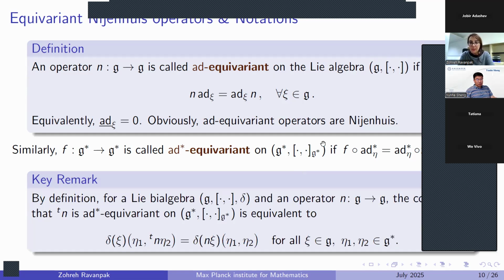So if this G star is the dual algebra of a Lie algebra, then there is an equivalent condition for N transpose to be ad star equivariant, which can be written in terms of the cocycle, N transpose and N. Does it make sense? So this is the equation that we get for this N transpose, and this observation we use during our proofs.